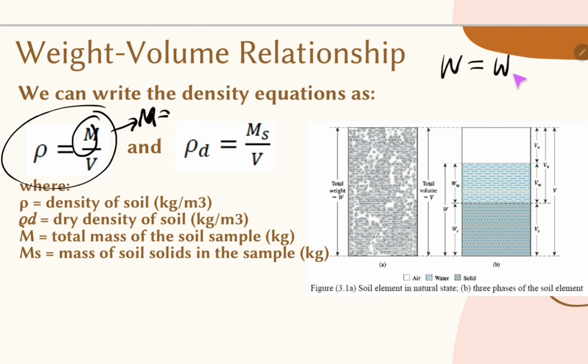Total weight is weight of water plus weight of soil solids. So is the mass. Mass is mass of water plus mass of the soil solids. Now, if you want to get the dry unit weight, you simply remove the water. So, what remains is the mass of the soil solid lang over the volume.